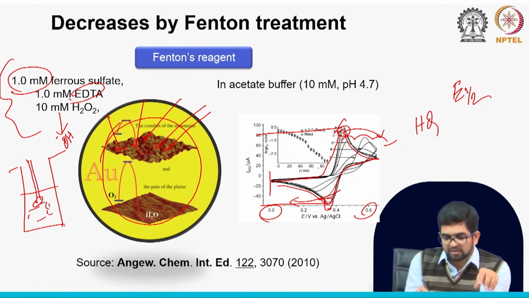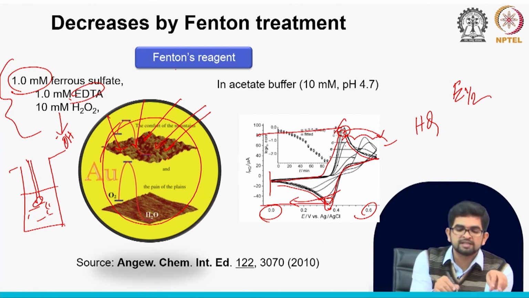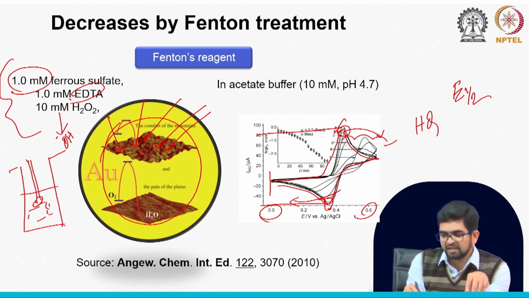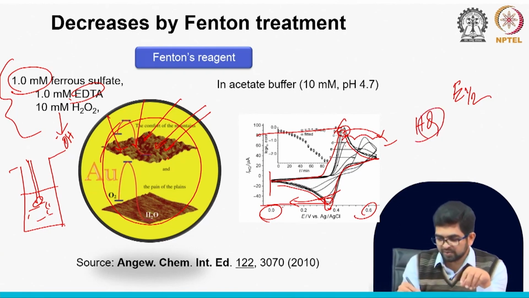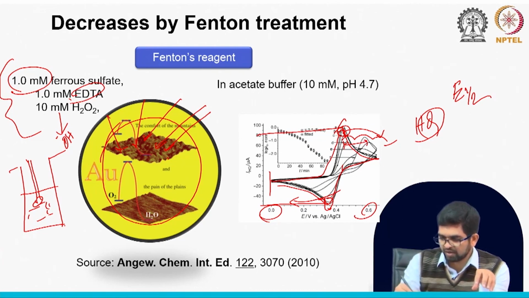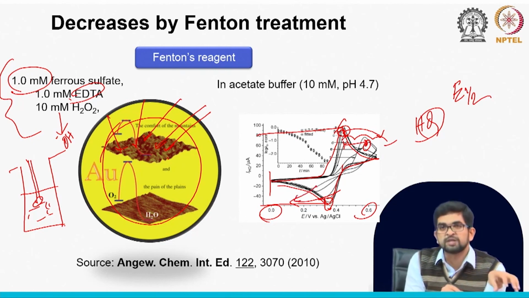See, we increase the dipping time inside the Fenton's reagent, and then we measure this hydroquinone oxidation and reduction. And then we see the peak current is also decreasing and the peak potential is also shifting, slowly shifted, and after quite a longer time you see the oxidation peak is almost shifted towards the right, and the reduction peak is also shifted towards the left.